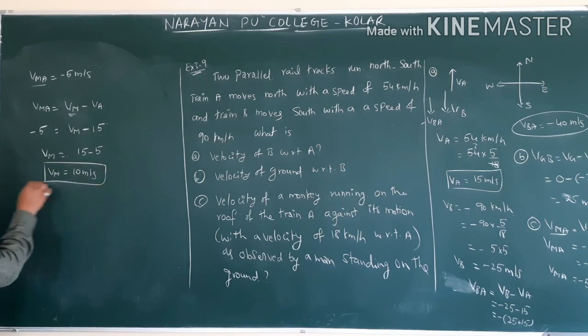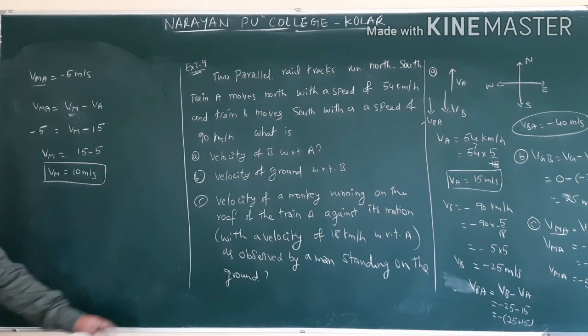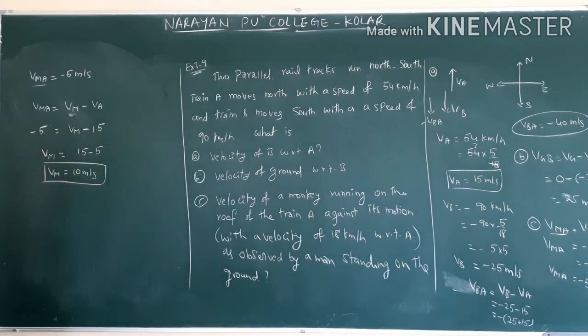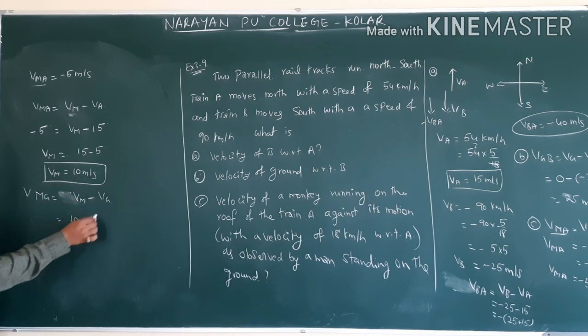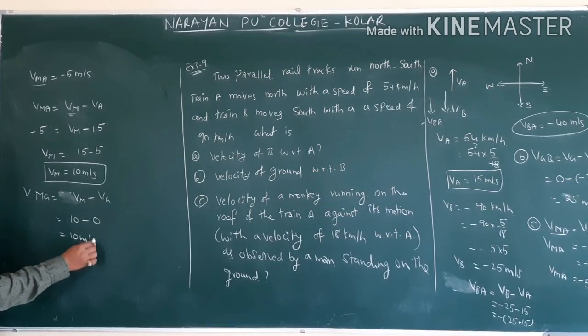This is velocity of monkey. Now they are asking the person who is standing on the ground. With respect to ground we should find velocity of monkey with respect to ground. What we have to write? VM minus VG. So VM is how much? 10. Velocity of ground always we will take 0. That is nothing but 10 meter per second.